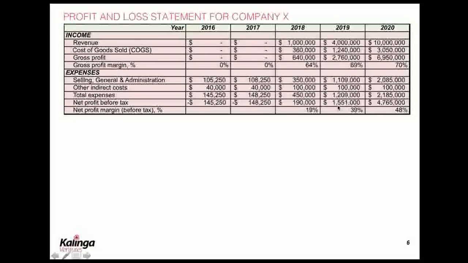In 2019 the profit increases to $1.5 million, and in 2020 the profit further increases to about $4.8 million, and the gross profit also increases from 64% to 70% between 2018 and 2020, and net profit increases from 19% in 2018 to about 48% in 2020. So this is how you develop a profit and loss statement.